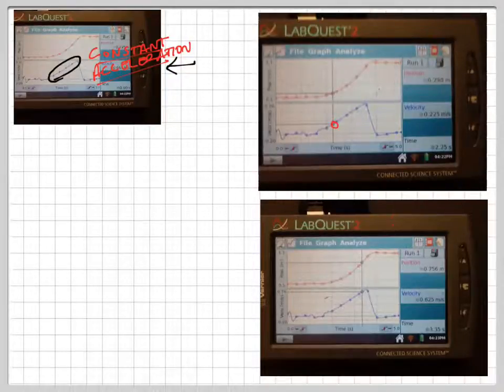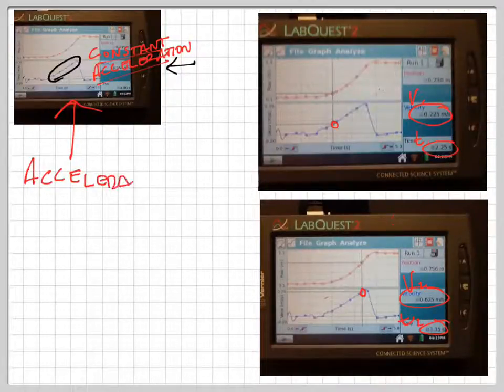And what the lab quest is going to do is tell you the velocity at that spot and the time at which it occurred. So, we're going to have velocity 1 and time 1 here. We're going to click on a different spot a little bit further up, and we'll get the velocity at that spot, velocity 2, and the time at that spot, time 2. So if we want the acceleration, we know that from the slope of a velocity versus time graph, we get acceleration. That's ugly. I apologize for that.